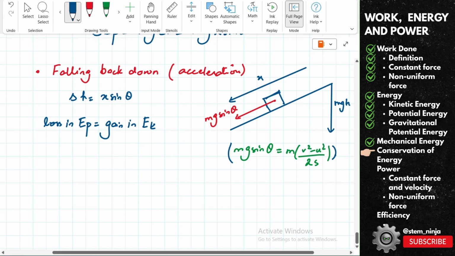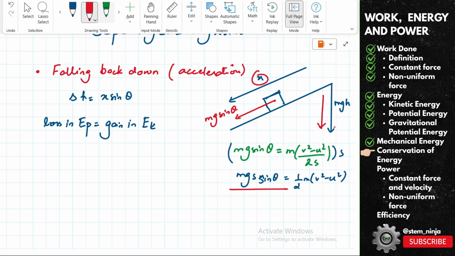Multiply both sides by s, you get mgs sine theta, s being the displacement, and this becomes half m (v squared minus u squared). Okay, so the loss in EP, gain in kinetic, basically. This represents the loss in kinetic. Since we said this direction is positive, that means this direction will be positive.